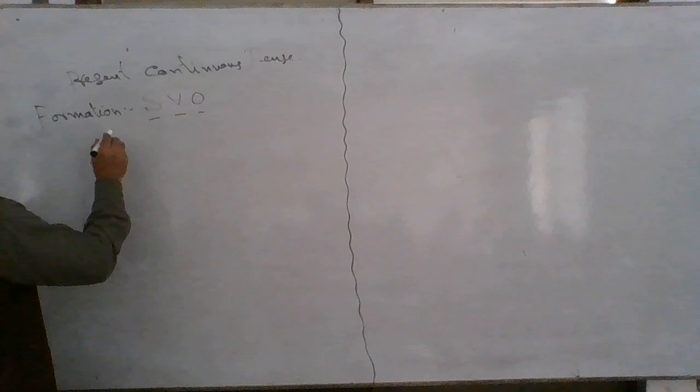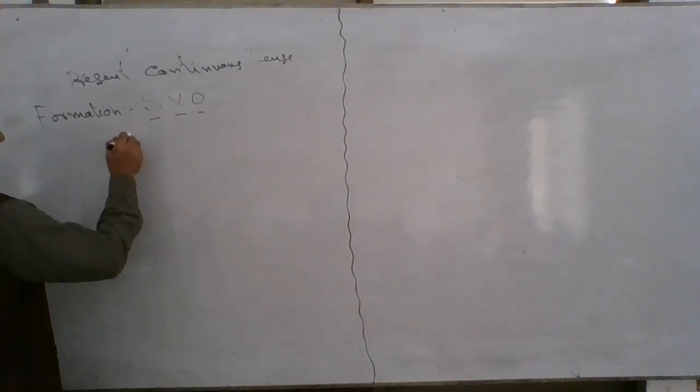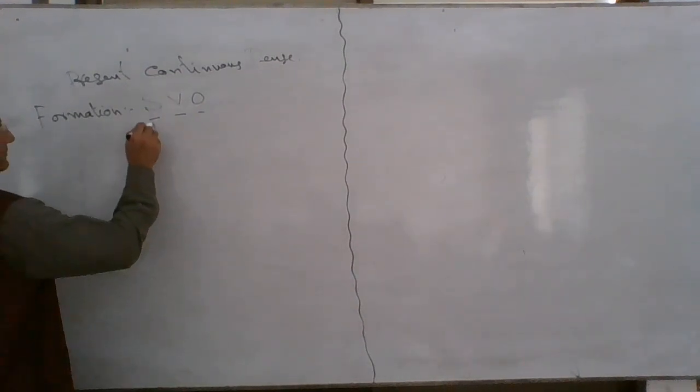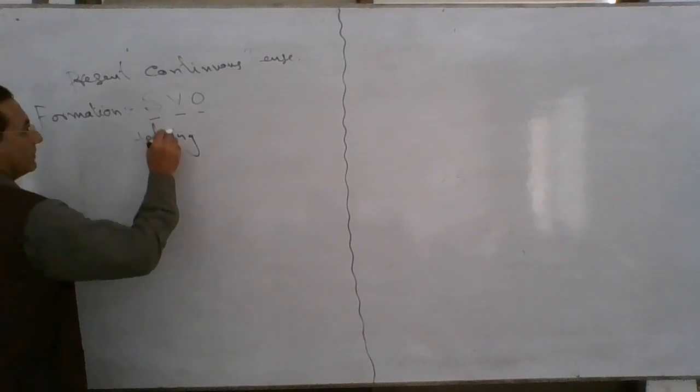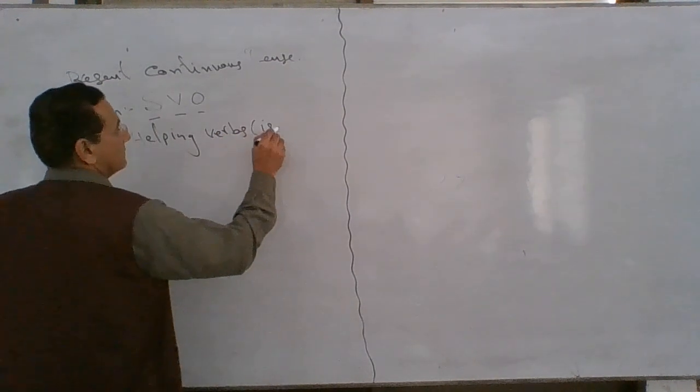So here is the use of helping verbs. What are they? Is, am, are.